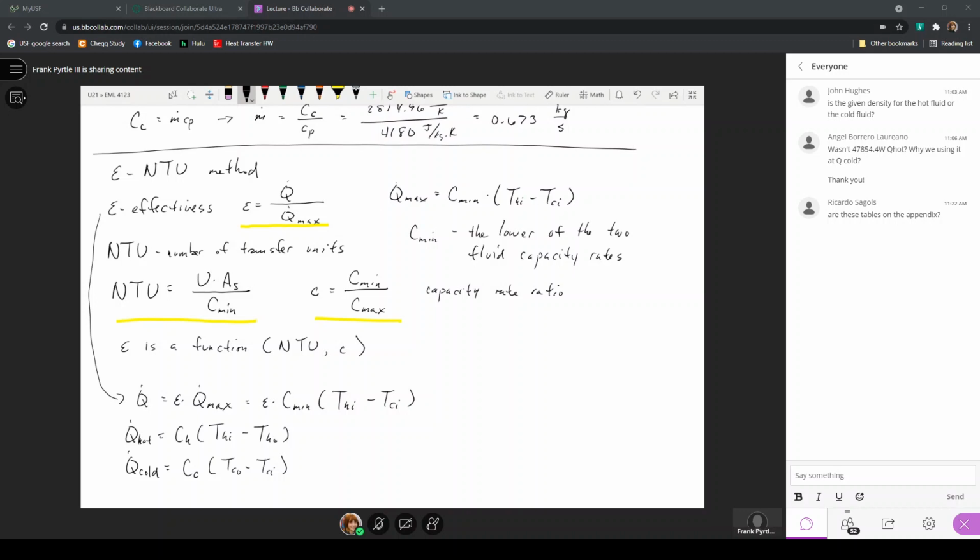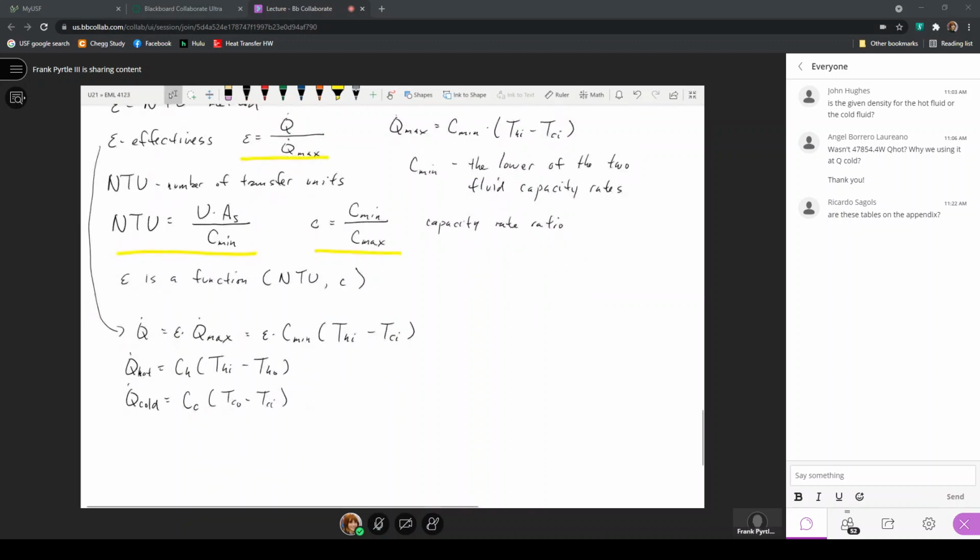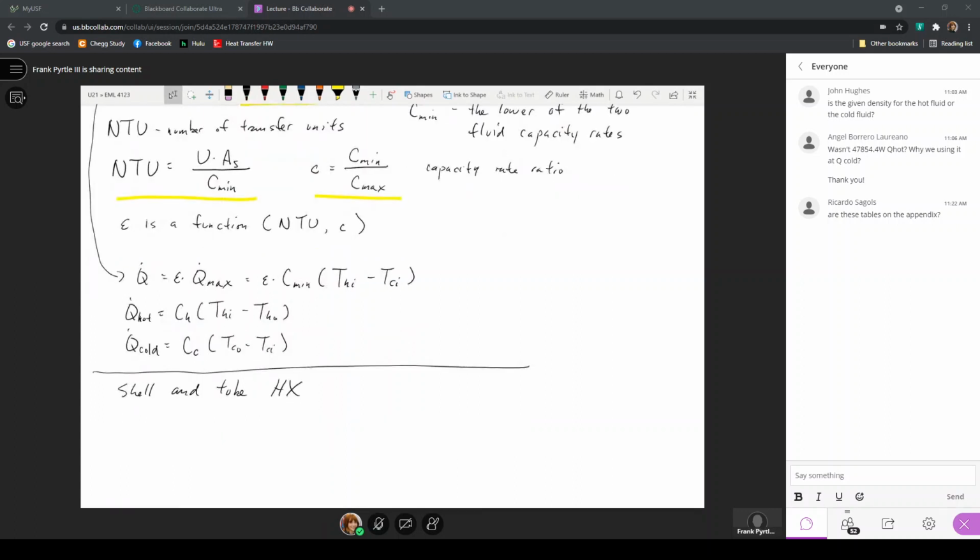So let's look here at a problem where we consider a shell and tube heat exchanger, where we use the effectiveness NTU method to calculate a given quantity. Here, I want to consider the surface area. What must be the surface area if I know the overall heat transfer coefficient?